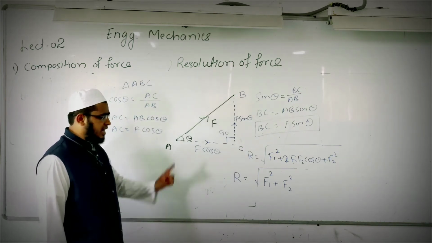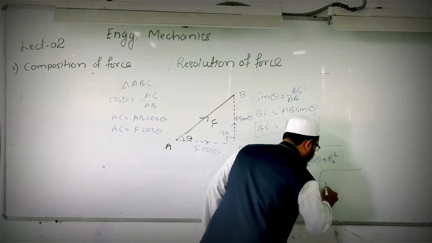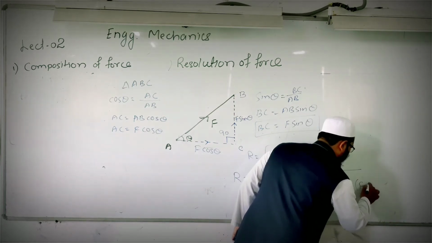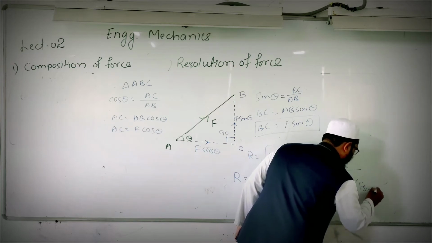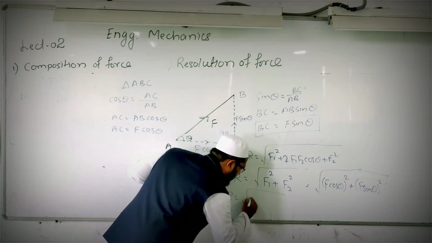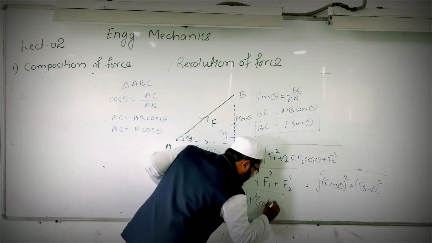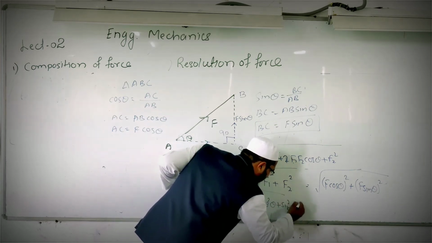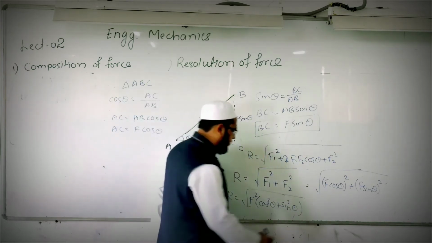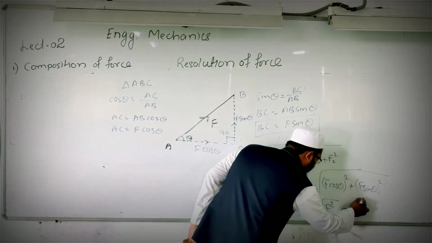If you put the F1 square and F2 square values, F1 is F cos theta, squared, and F2 is F sin theta, squared. Therefore, the equation of R will become F square common in both, cos square theta plus sin square theta. Cos square theta plus sin square theta is 1. Therefore, R equals the square root of F square, that is equal to F.